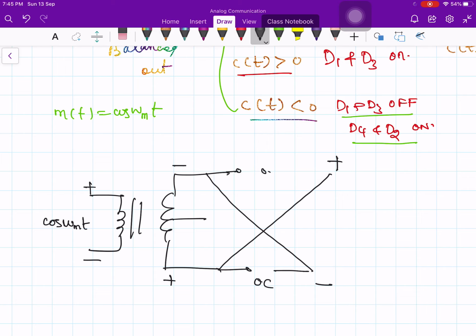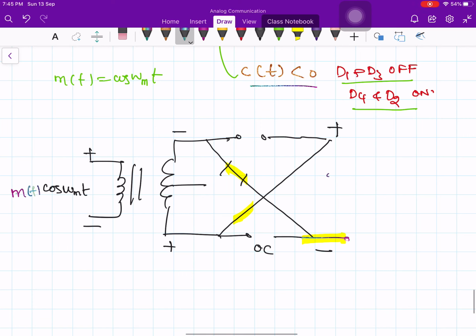These two diodes are open circuited, and here the diode is short circuited, right. So therefore this is my M of t, M of t is positive and here it is minus M of t because of this 180-degree phase shift. So across this point, this becomes minus M of t. That means what? M of t is multiplied by -1.